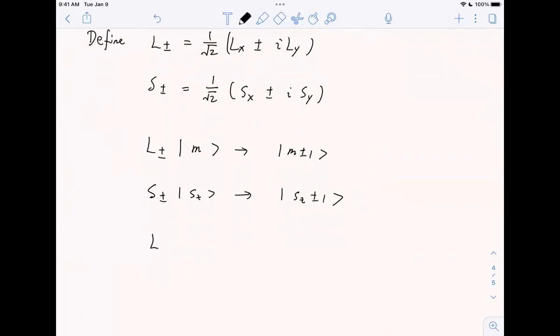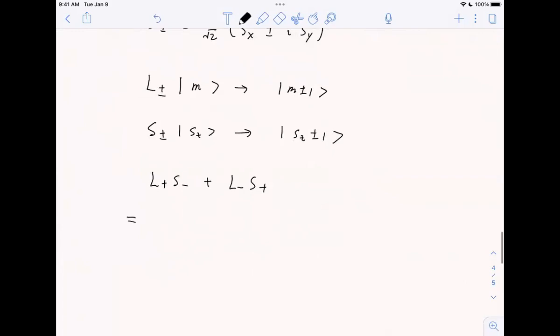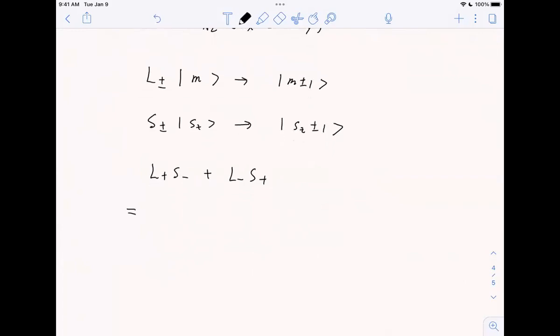Okay, so let's calculate this combination. So what does it mean? This means that you lower the spin by 1 unit, and you increase the orbital angular momentum by another unit.